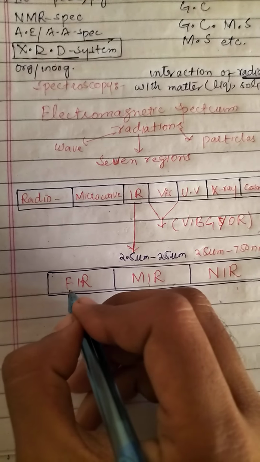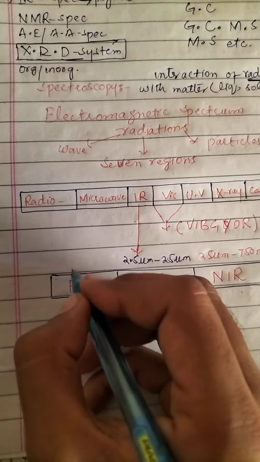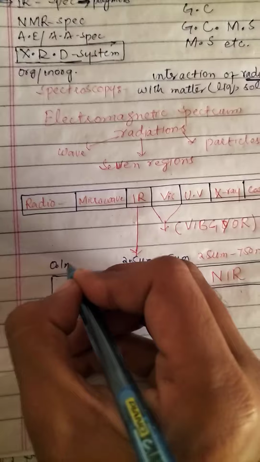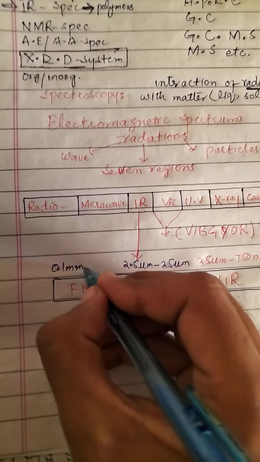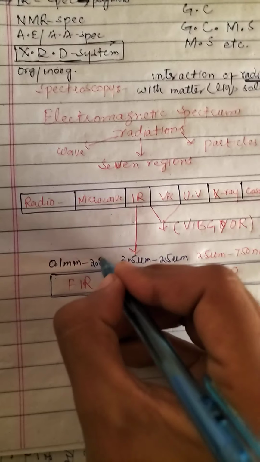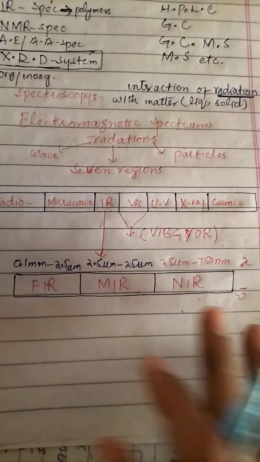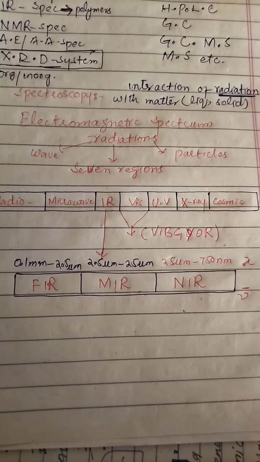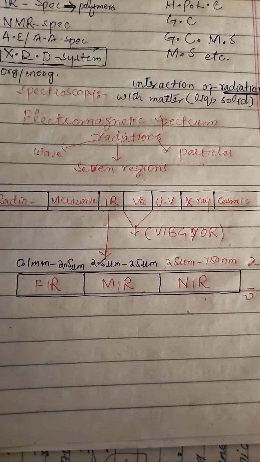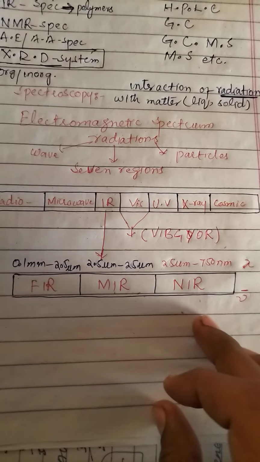The far IR region may contain 25 micron to 0.1 millimeter. These are radiations which have different wavelengths, even within the IR region.